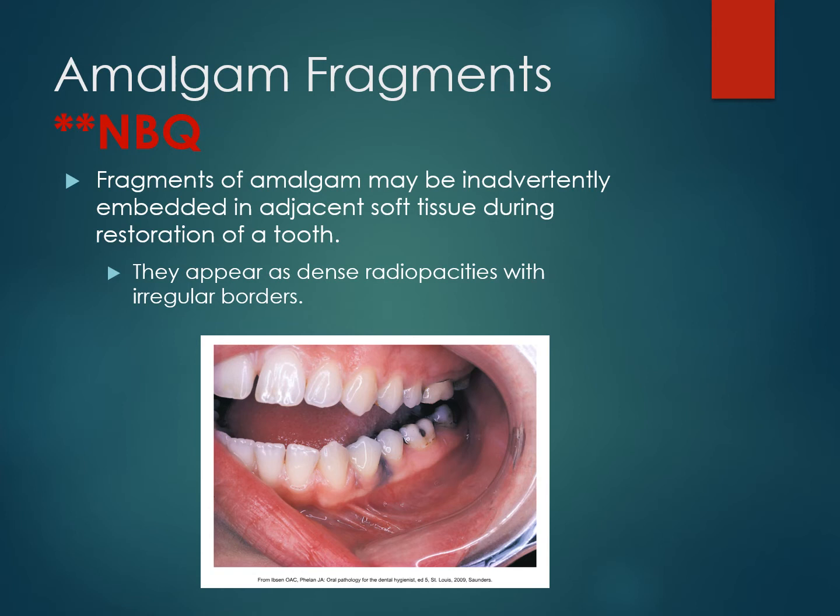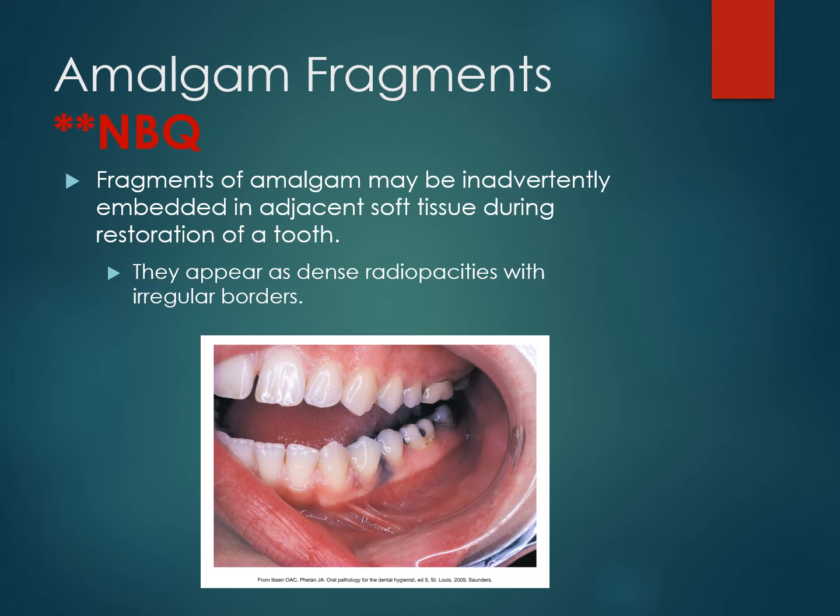Amalgam fragments occur when an amalgam filling is being placed or removed. Sometimes little pieces of the amalgam itself will flake off, or if you're removing it, you're using a drill, and you get a sort of dust that the drill forms as it drills away at the metal filling.